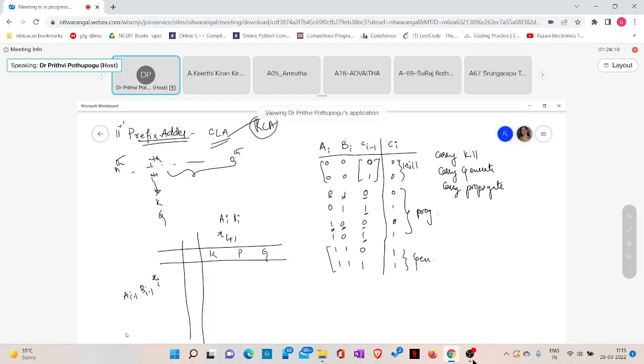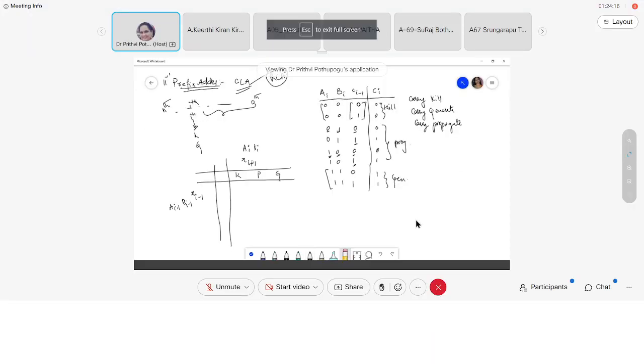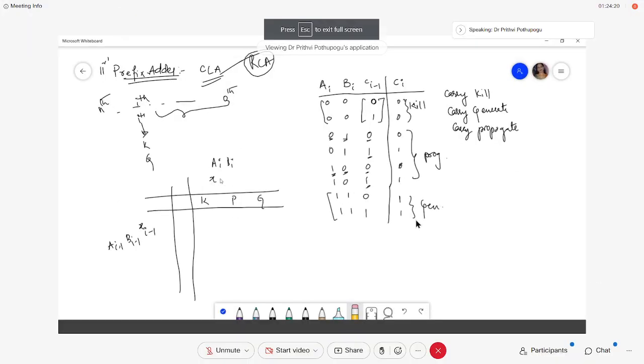Both mean the same for us now: carry, kill, propagate, and generate. What is the meaning of this? This is the previous stage, and this is the present stage. If the present bit value of a of i, b of i is either a kill, propagate, or generate, and the previous stage carry condition is either kill, propagate, or generate, what is the present value of the carry?